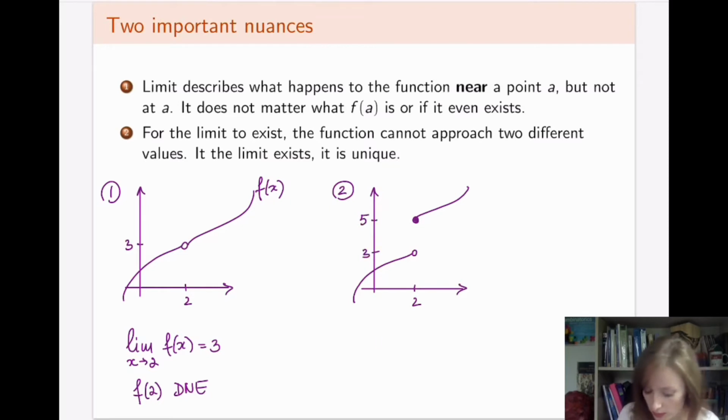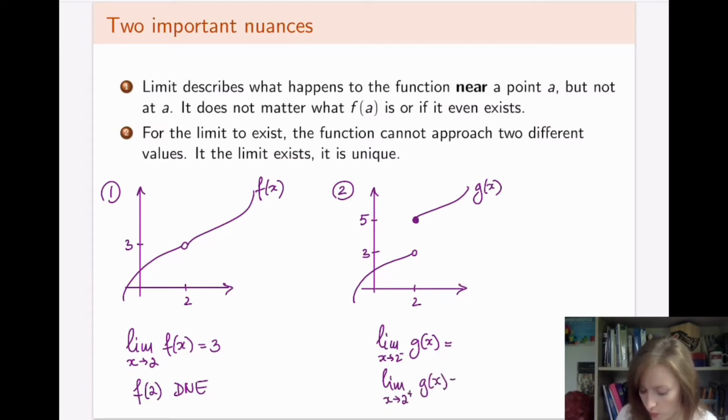Then we can see that the limit as x approaches 2 from the left of my function, let's not call it f, let's call it g, of g of x, and the limit as x approaches 2 from the right of g of x are going to be 2 different numbers. And again, think about walking along the graph. As x approaches 2 from the left, it physically means from the left of 2.